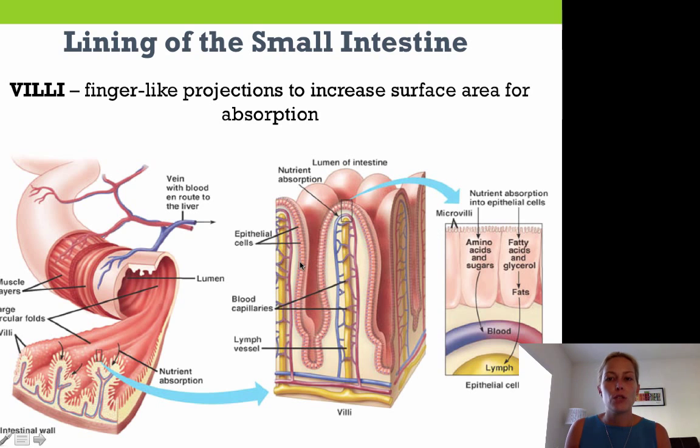So we're trying to increase our surface area so we can have the maximum absorption of nutrients as possible. Our small intestine is also lined with veins and blood vessels so that we can get those nutrients into the bloodstream and carry them away to other areas of the body that need them in order to function or carry out other cellular processes.